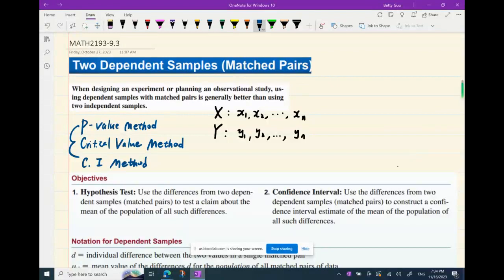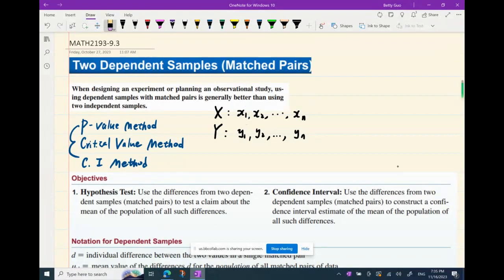For example, if we let x1 be maybe the blood pressure of one subject, and y sub 1 could be the blood pressure of the same person after a certain treatment, right? To see if the person had a high blood pressure, would the blood pressure drop after treatment.